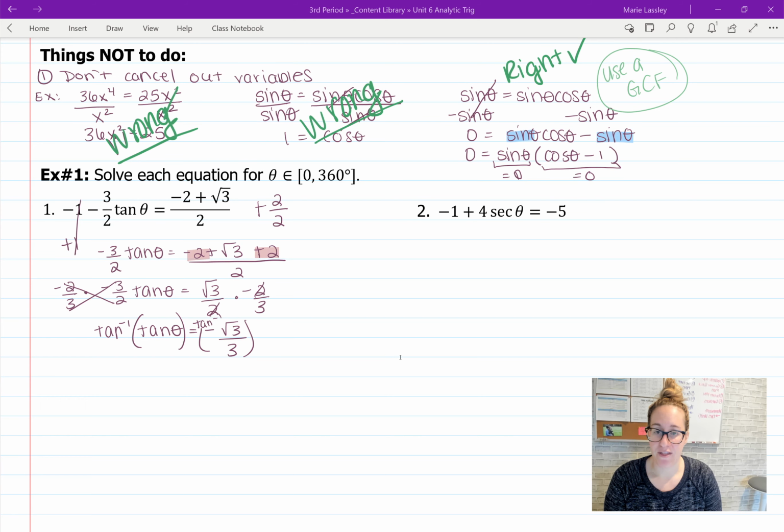All right, so I have theta equals inverse tangent of negative square root of 3 over 3. All right, so this is an inverse problem. So this is now asking me for what angles, what values of theta do I have a tangent value of negative square root of 3 over 3? And because it tells me my interval is from 0 to 360, I need to find all instances on my unit circle from 0 to 360 that satisfy this problem right here.